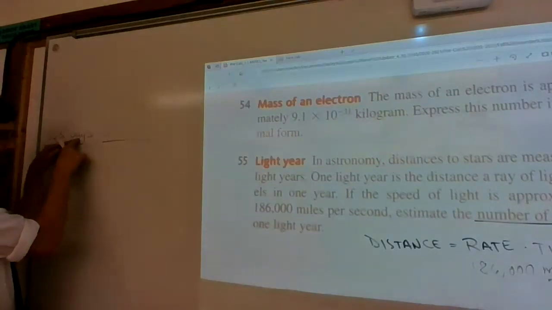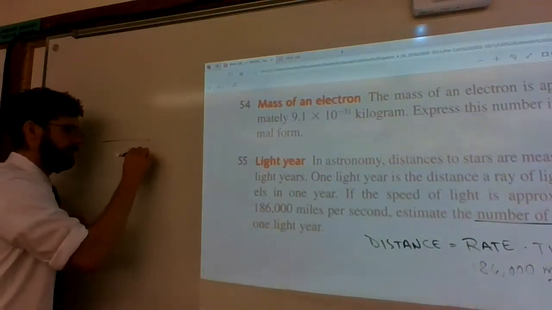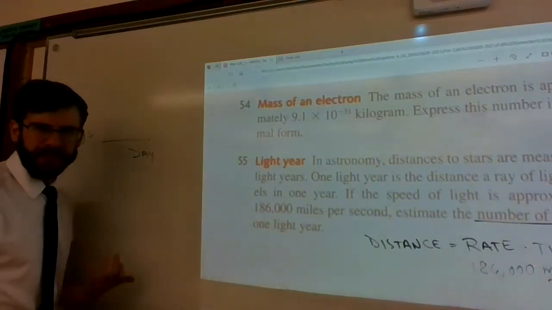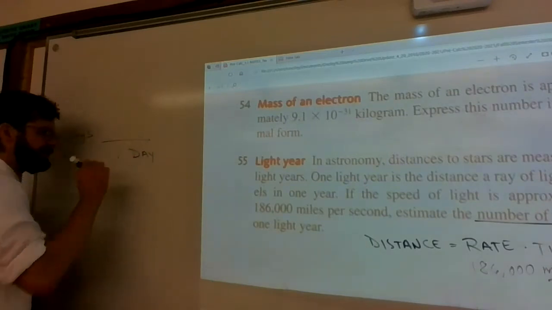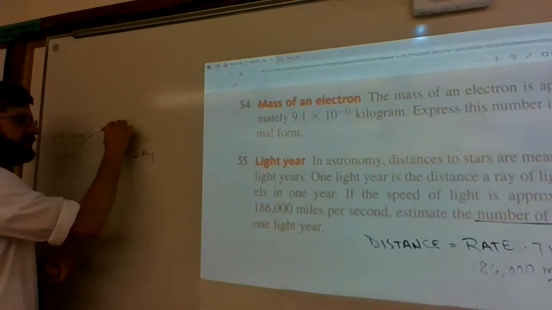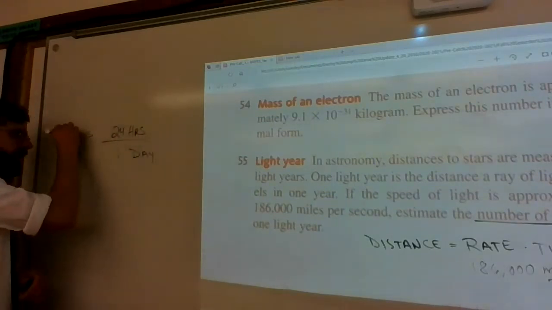Now the days need to cross-cancel. What's the next unit that makes sense to work with? Well, there are 24 hours in a day, so it would be wise to compare hours with days. Now we've gotten rid of days.